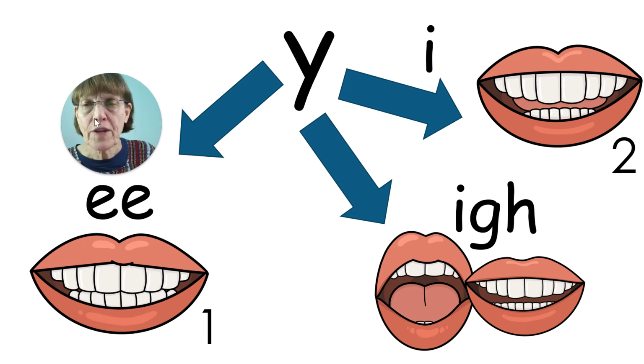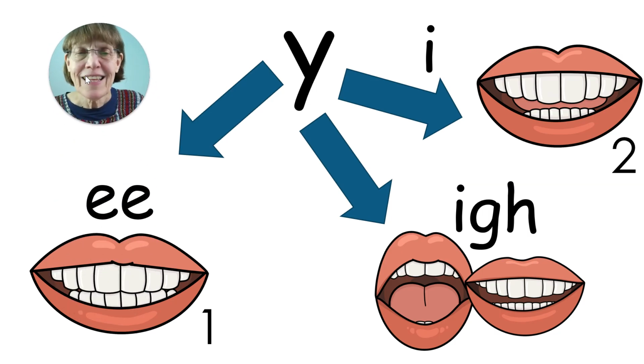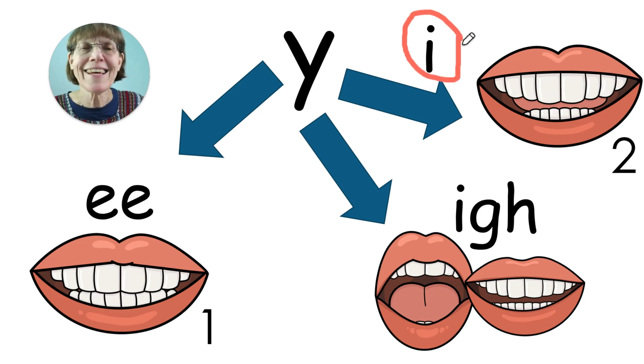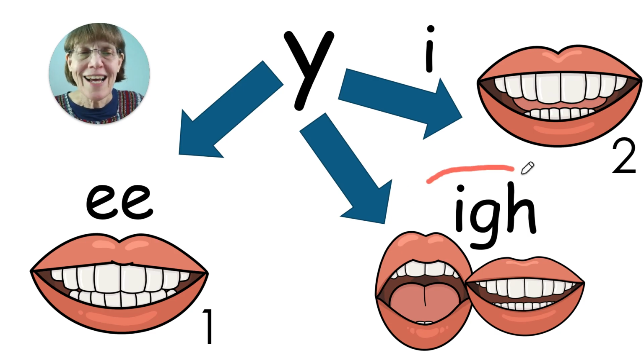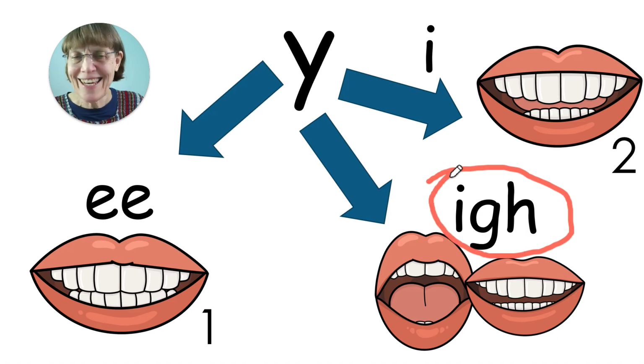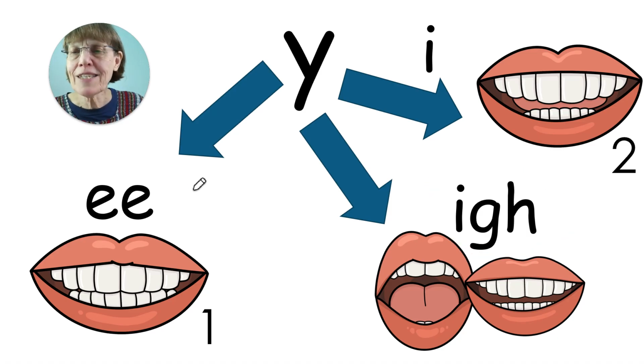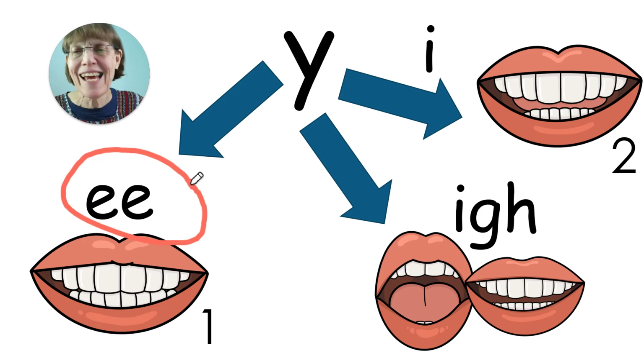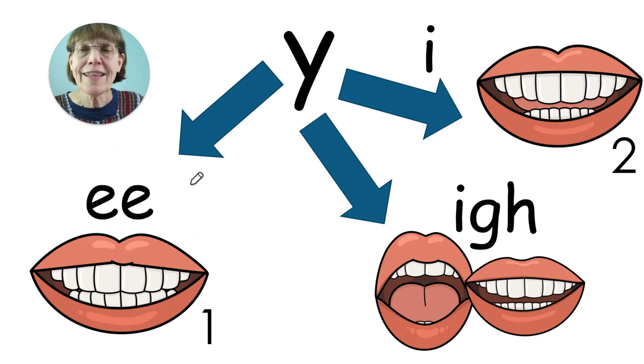Letter Y has 3 sounds. We know about the I sound because we've used it in our training consonant videos. But sometimes Y says I, and sometimes it says E. And we'll be working on these vowels in the next section on vowels.